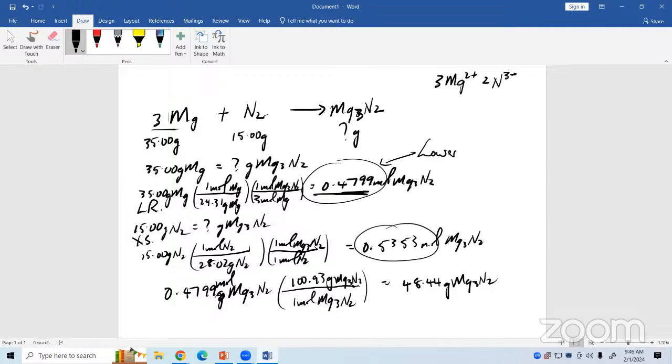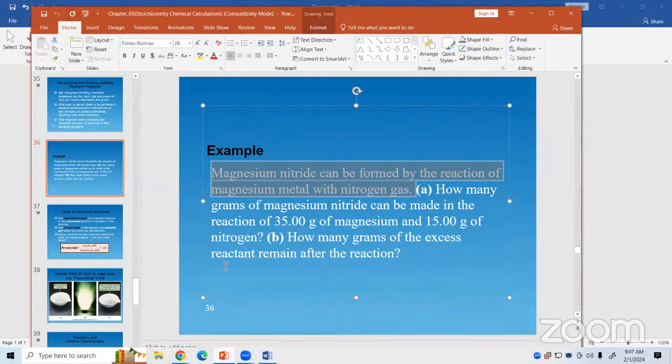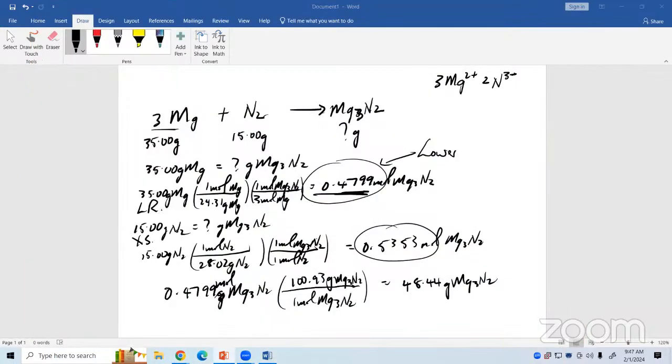All right. Okay, now the B part, going back to the PowerPoint here, is asking how many grams of the excess reactant remains after the reaction. So in this particular case, we know what the limiting reactant is. It's magnesium, right? What the question is asking for is how much of the excess reactant remains, which is the nitrogen.